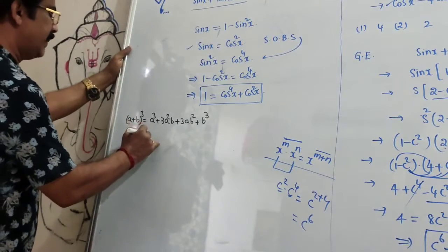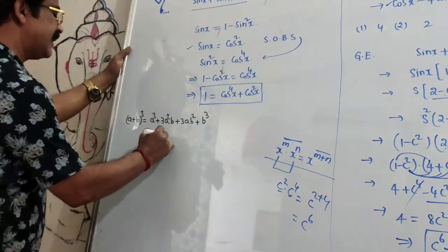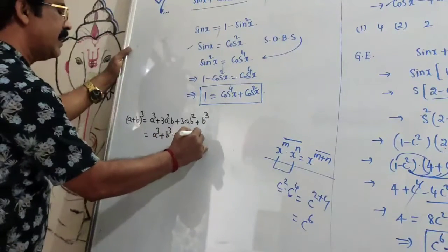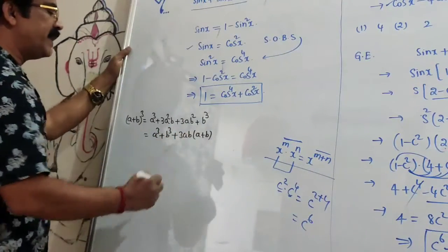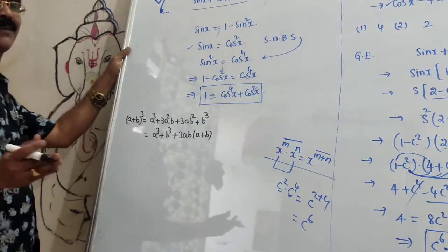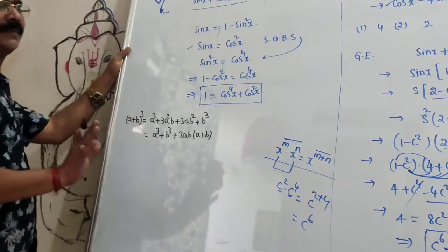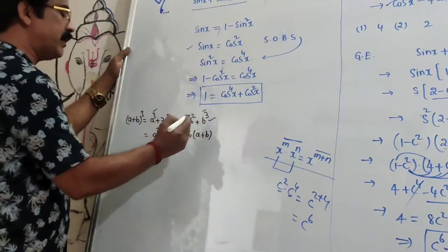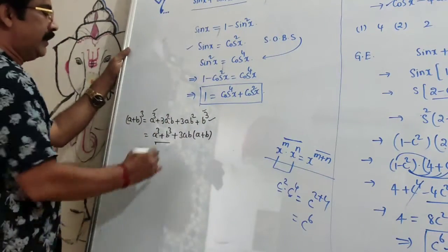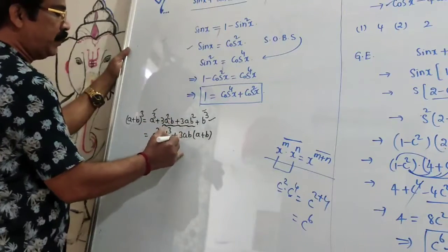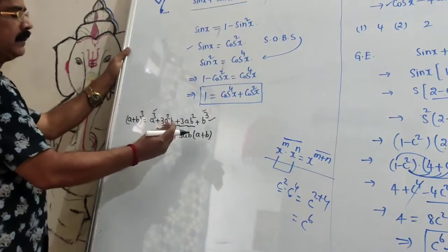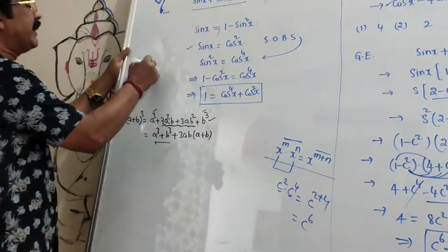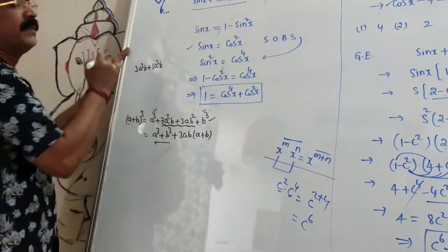Or another formula is there, a cubed plus b cubed plus 3ab into (a plus b). It is not another formula, it is the simplified form. So it is enough to learn this one by heart. So a cubed plus b cubed, I wrote first, right? From these two, I have taken the common factor 3ab. Actually, 3a square b plus 3ab square, two terms are there.